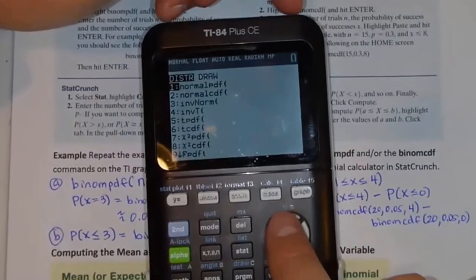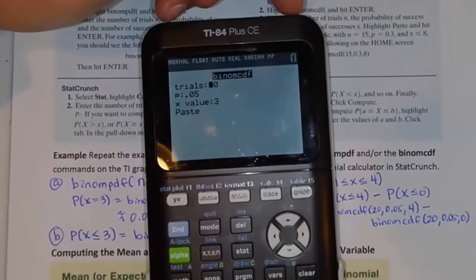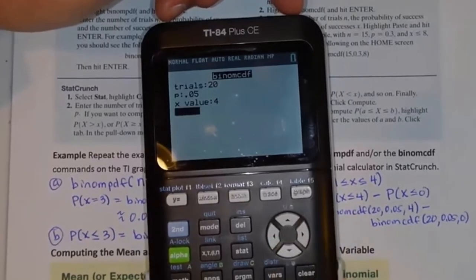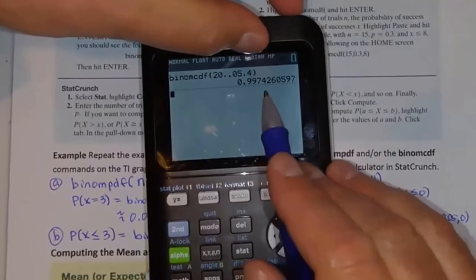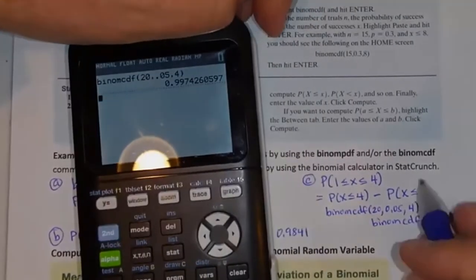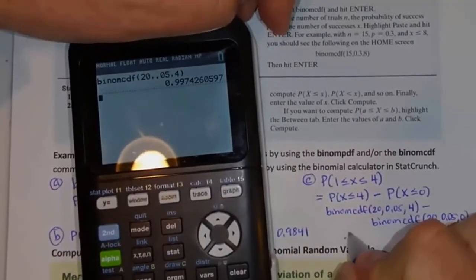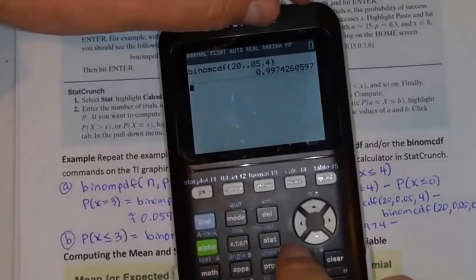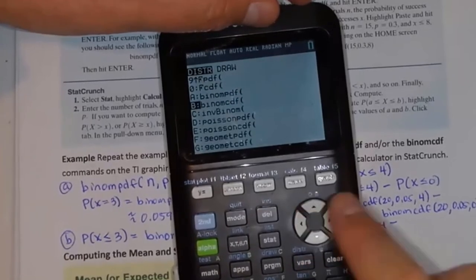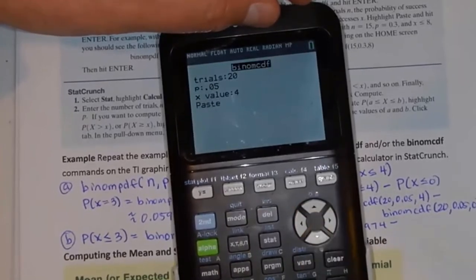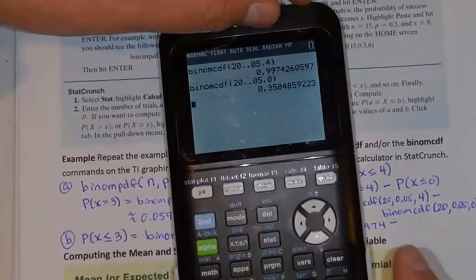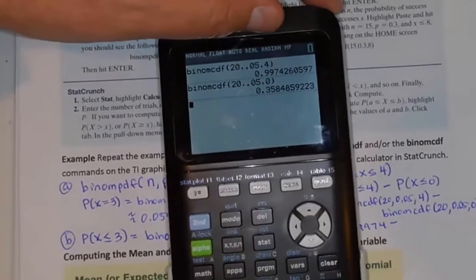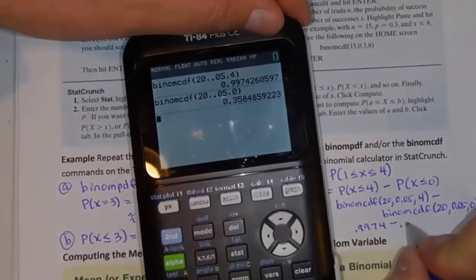So if I do binom CDF 20, 0.05, 4, that is 0.9974. So this first part here is 0.9974. If I do binom CDF, except change that to 0, that is 0.3585 if I round.